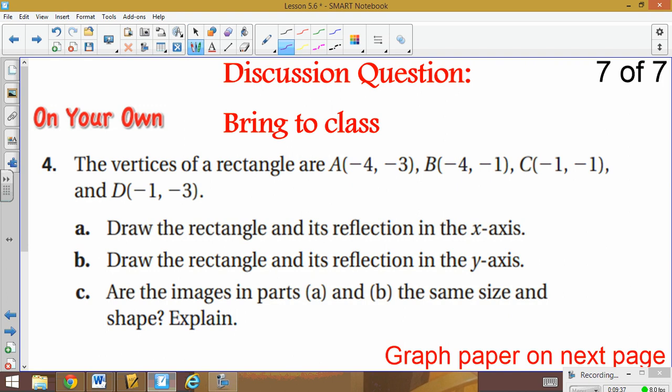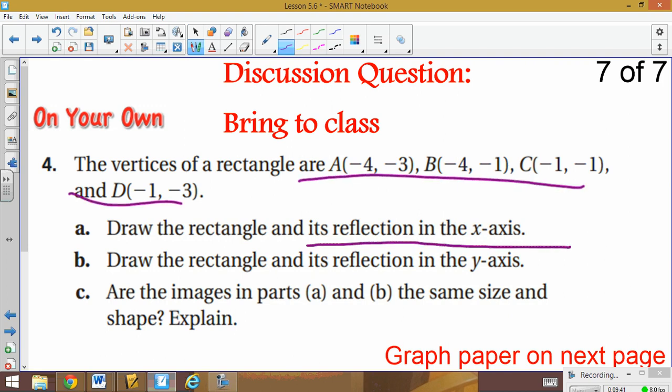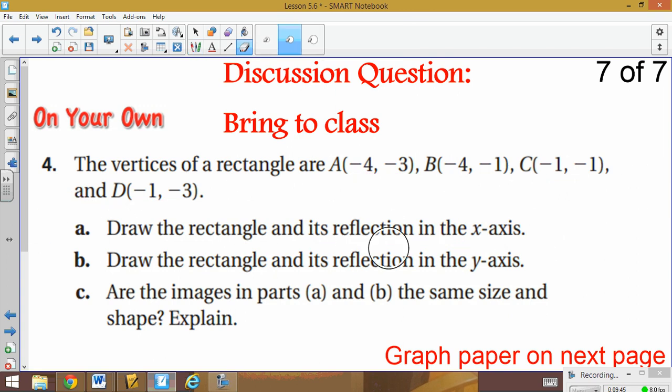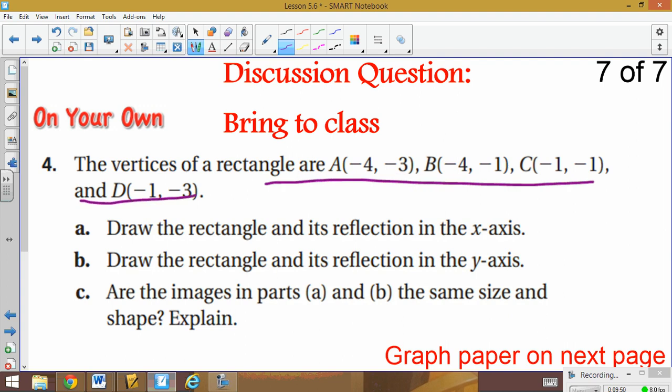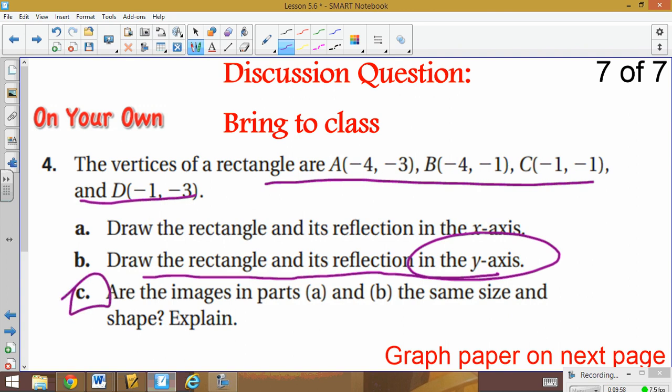Then go back to the original shape, draw the same rectangle again, then reflect it on the y-axis. And for part C, are the images in part A and B the same size and shape? Explain. So just explain what your solution looks like.